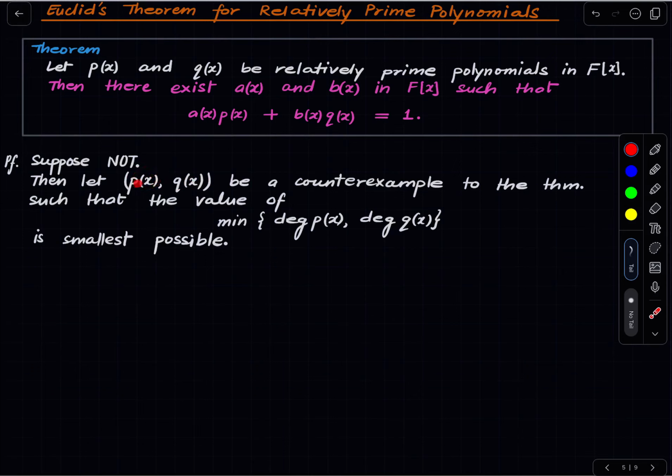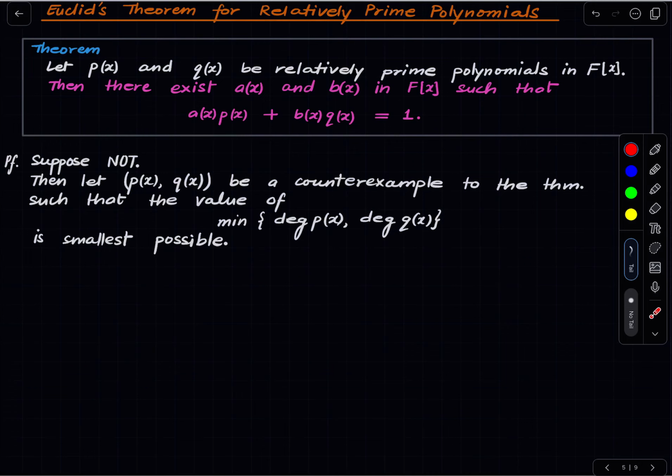Of course, both of them are not 0 simply because they are relatively prime. When we defined relative primality, it was only for two polynomials, not both of which are 0. So all I'm saying is that if you have a counterexample, then both of them are non-zero. Because as soon as one becomes 0, you can prove the theorem for that particular pair.